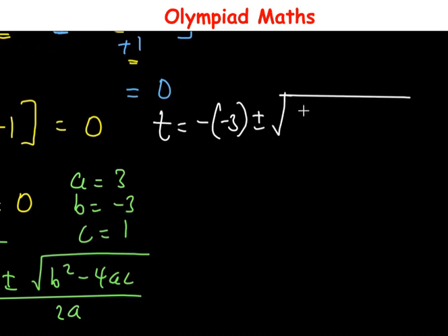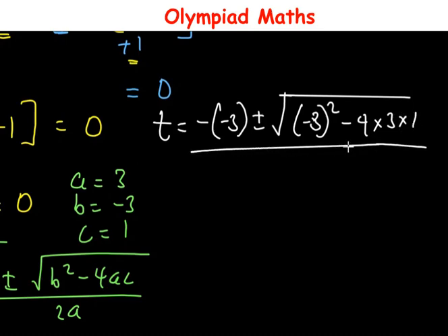B is minus 3, so minus 3 all squared, then minus 4 times a is 3 times c is 1, all over 2 times a is 3.